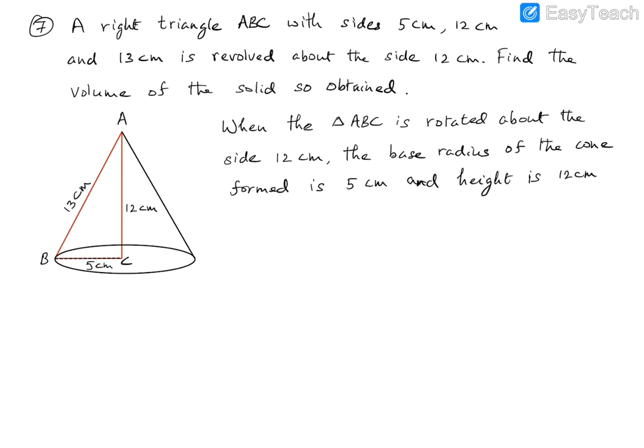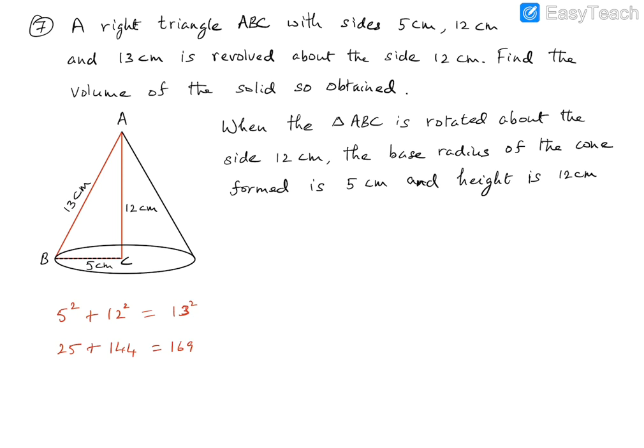So if you notice, we will have 5 square plus 12 square is equal to 13 square. 5 square is 25 plus 12 square is 144, and that gives us 13 square, which is 169. So 144 plus 25 is 169.